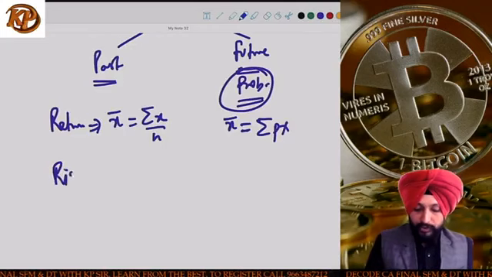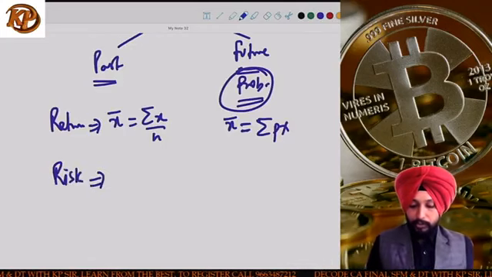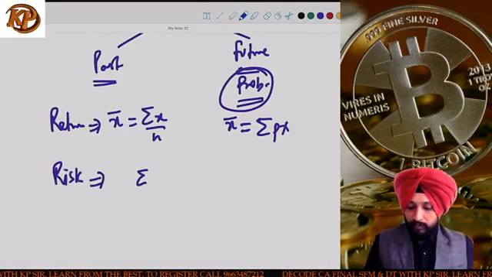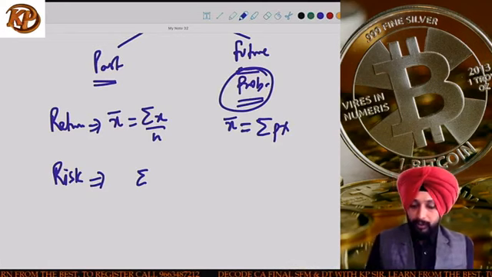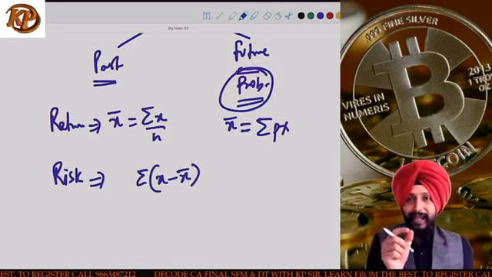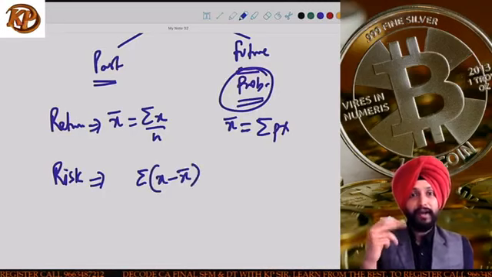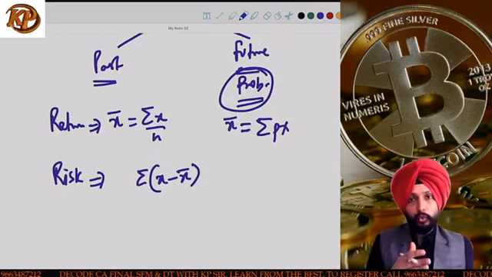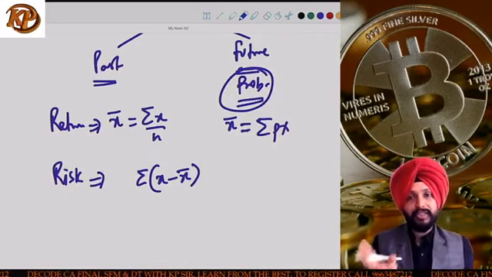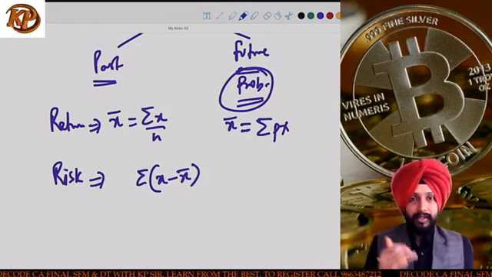How do we capture risk? Risk is captured using the formula. To understand how we derive and remember it, any deviation of actual from average, actual is x, average is x bar, is the risk.